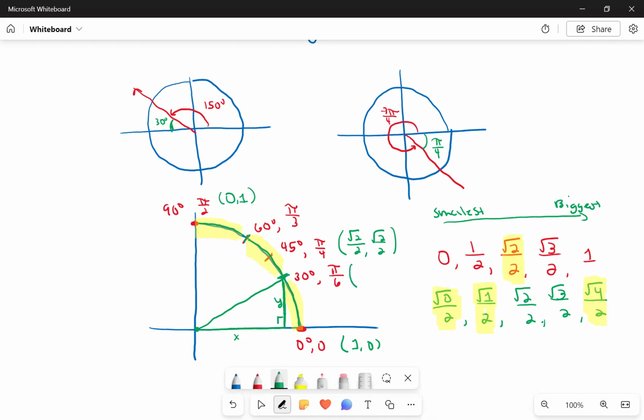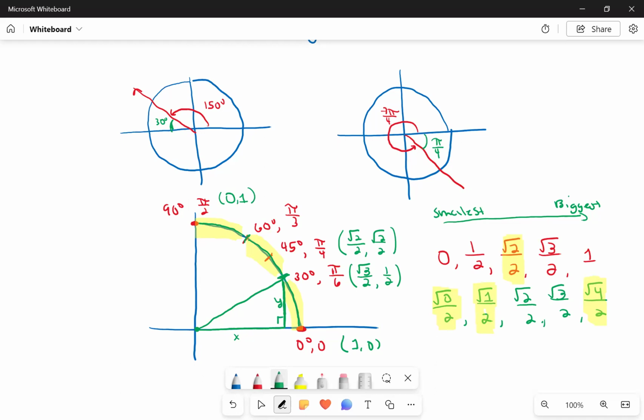Therefore, the x-coordinate takes on radical 3 over 2. The y value is the smallest here, so it takes on 1/2. So I'm literally assigning it based on how long the side of the right triangle is for the x value versus the y value.